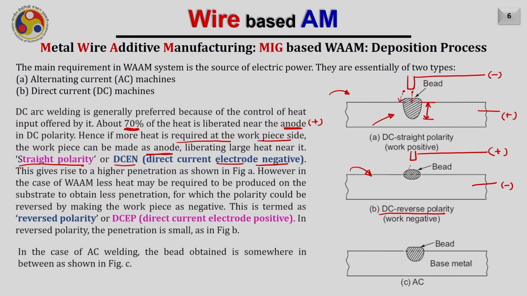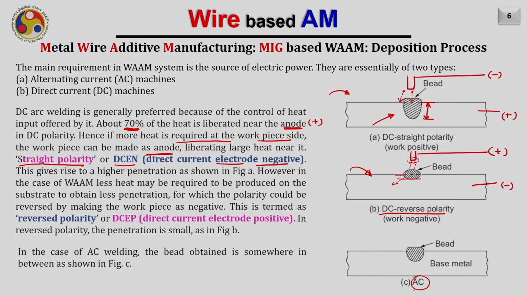Now in that case, more heat will be generated on the electrode side and the electrode will be consumed at a very fast rate, but at the same time we may not get enough penetration into the substrate. As there will be less penetration, or in other words less dilution in the substrate, the feature which you are depositing on the substrate can sustain. Therefore, in the case of WAAM, it is usually preferred to use the reverse polarity, or DCEP.